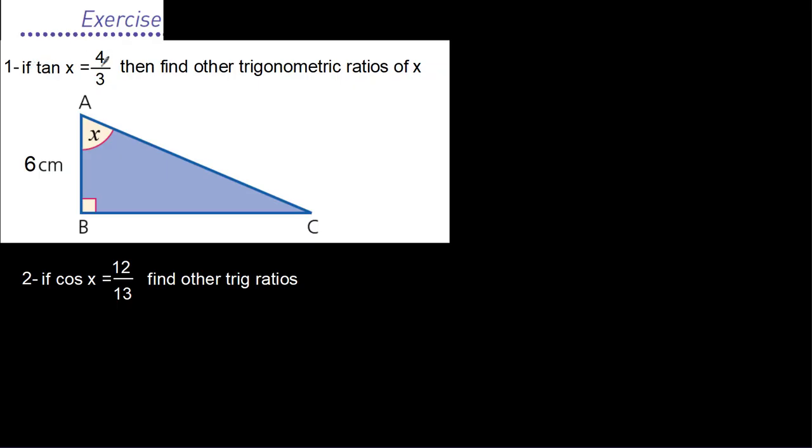If tangent x is equal to 4 over 3, then find other trigonometric ratios of x. Again, we are going to find them by using the trigonometric ratios. If I name this side a, tangent x in the triangle is a over 6, and tangent x is also given as 4 over 3, so a over 6 has to be equal to 4 over 3.